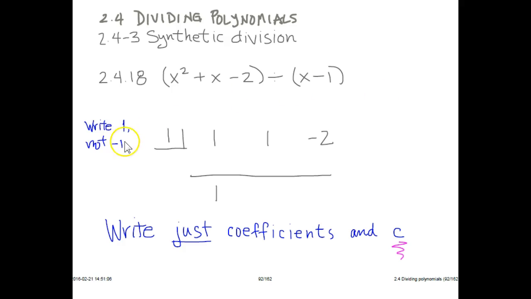Now, notice here that although the linear factor says x minus 1, it's the thing that is subtracted that goes here. So I have a 1, not a negative 1.